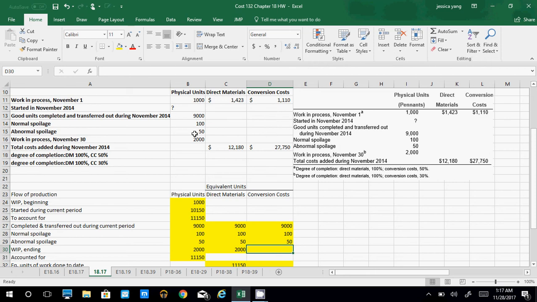To find work in process ending, I would take 2,000 physical units in work in process on November 30th and multiply that by the conversion cost degree of completion, 30% conversion cost, which gives me a total of 600 equivalent units in conversion cost.